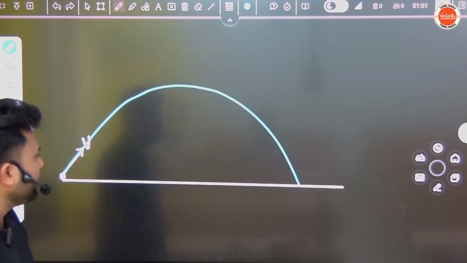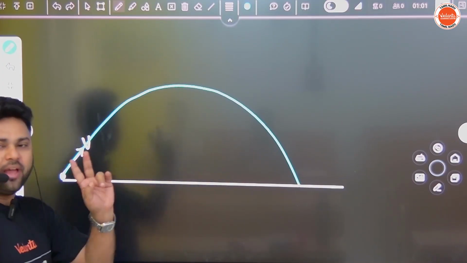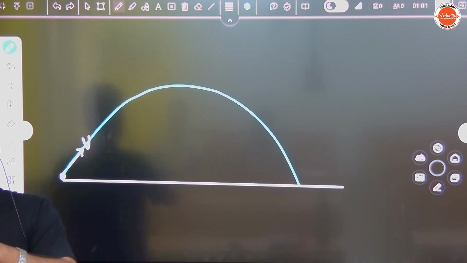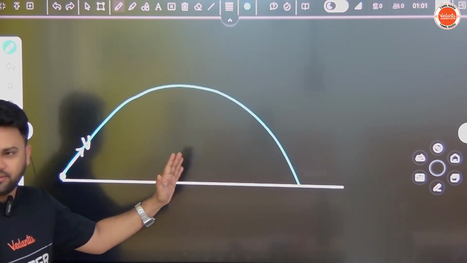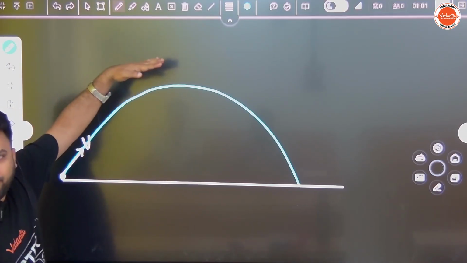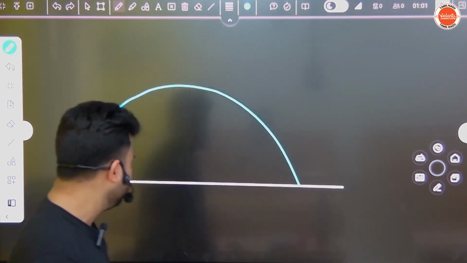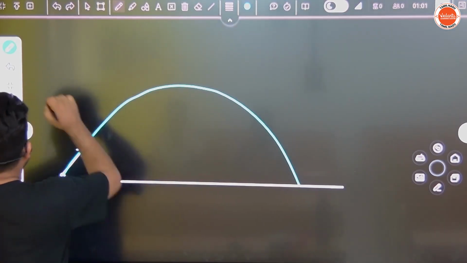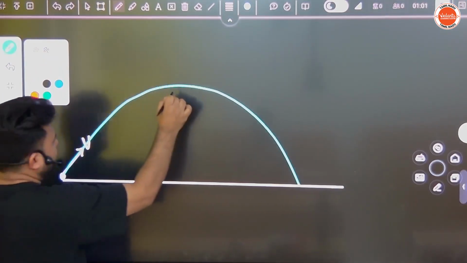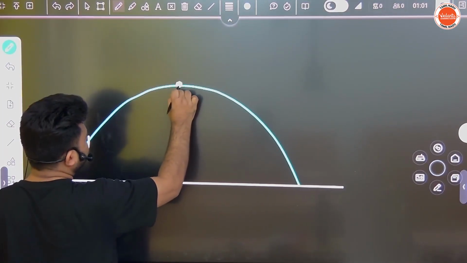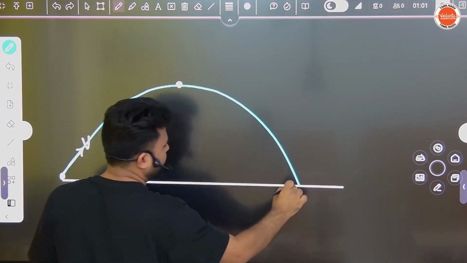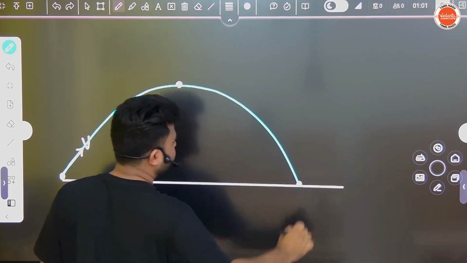Why is it called motion in 2D? Because it is going in two dimensions, means X and Y. When it is going in the right direction, it is going up also. You can see the football was here. Finally, at some time the football will be here. This is the highest point. And finally the football is here.